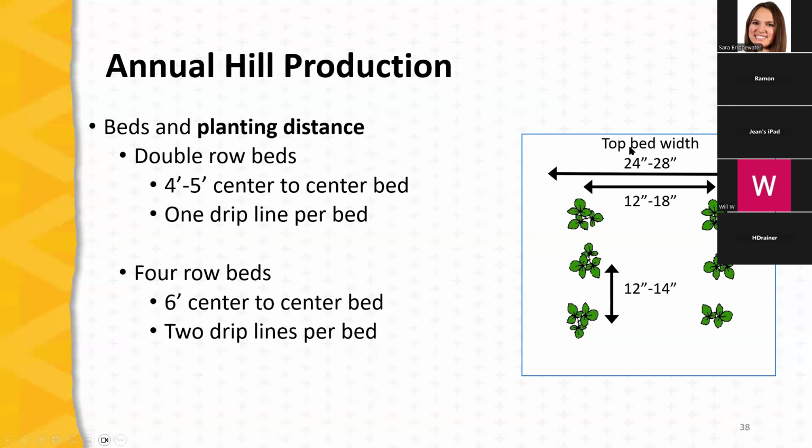And then you have here on the side the distance between plants: 24 to 28 inches between the two rows, or 12 to 18 inches when you have four rows. And between plants in the row, 12 to 14 inches. In the case of having four rows per bed, you might want to put two drip lines for irrigation, so the water can reach all the plants, not just a few.